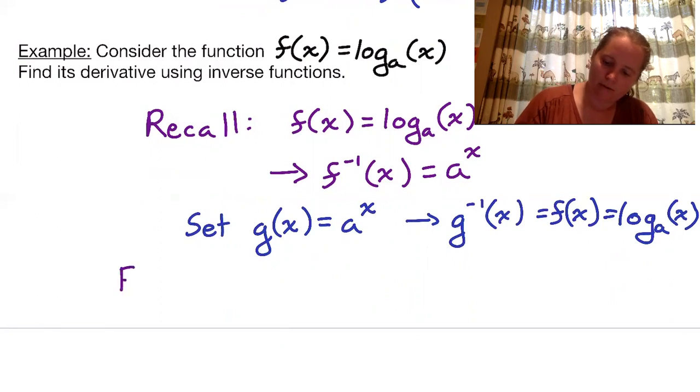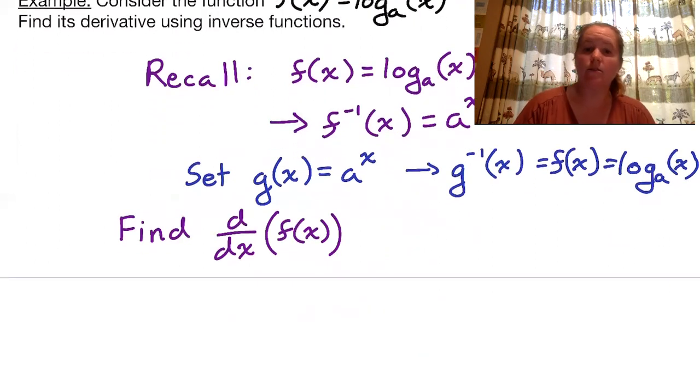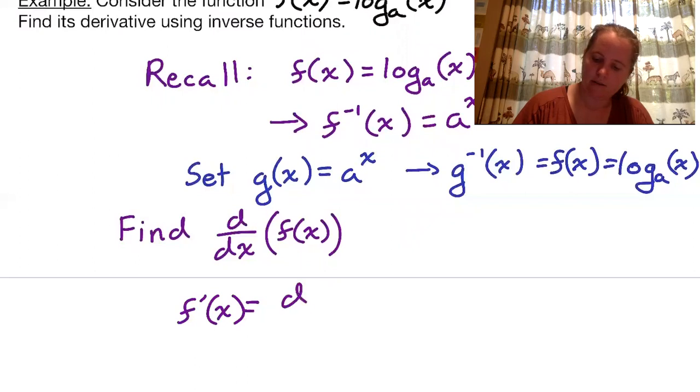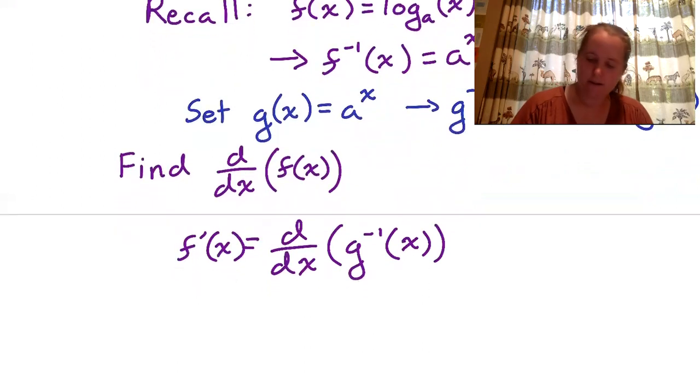So f prime of x is the derivative of g inverse of x. And we know that that is equal to 1 over the derivative of g evaluated at g inverse of x.